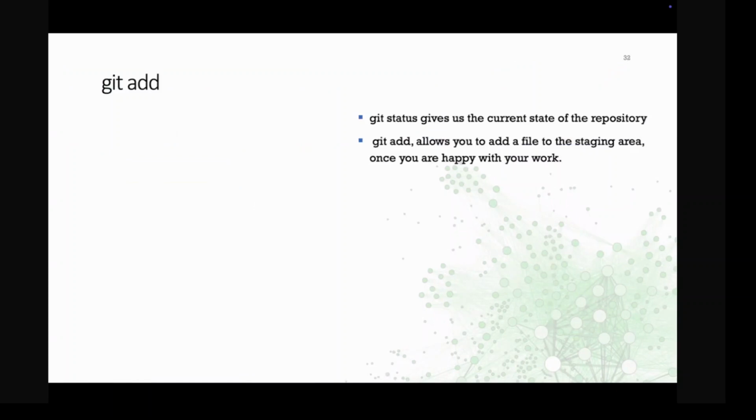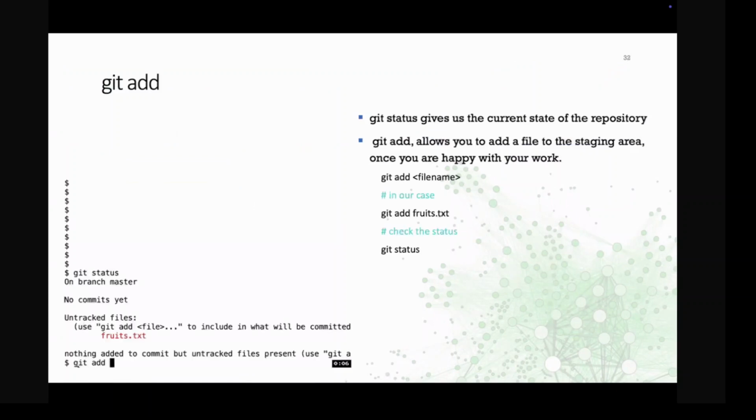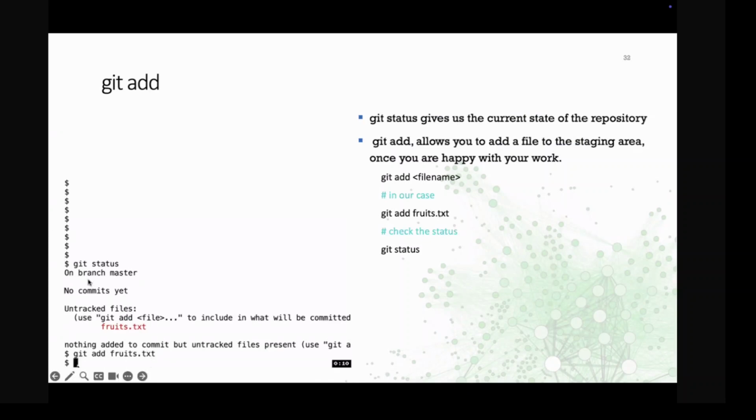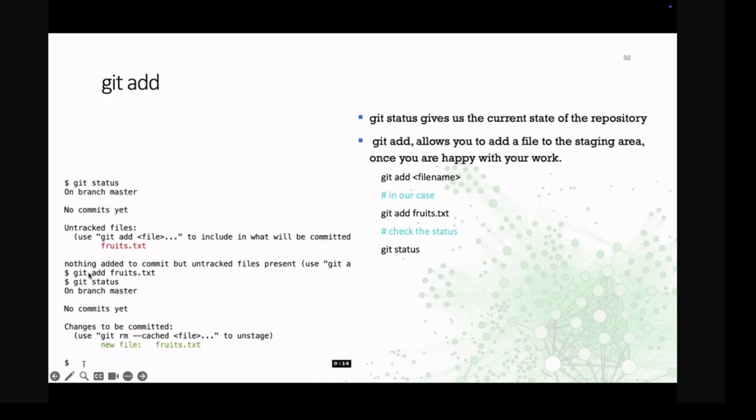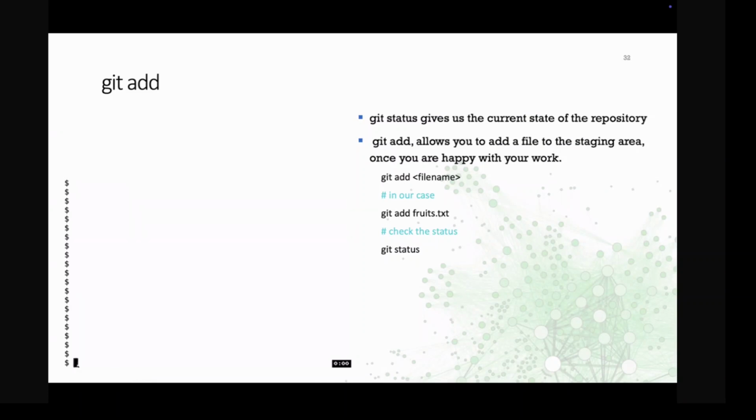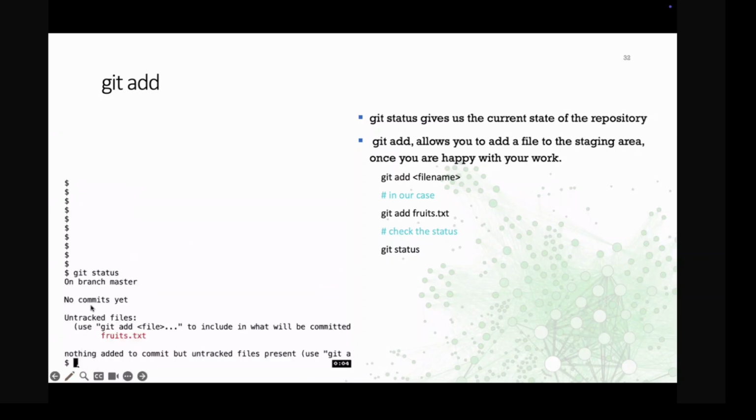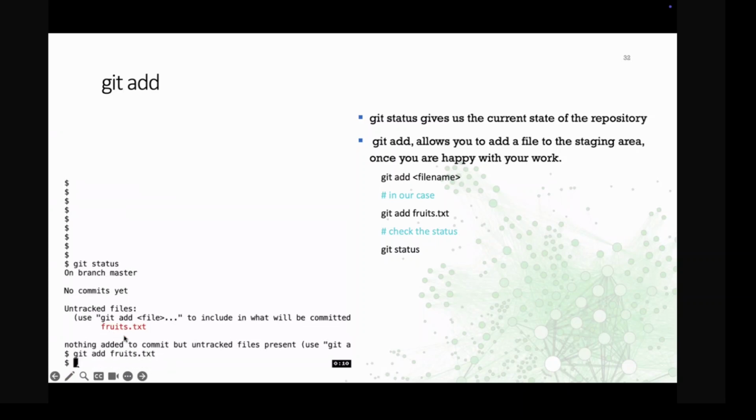In this case, it would be two things. I start with git status. Git status gives me the current state of my repository. If you do that, you see no commits, untracked files. So the file fruits.txt, it recognizes there is a file, but it's not tracked.